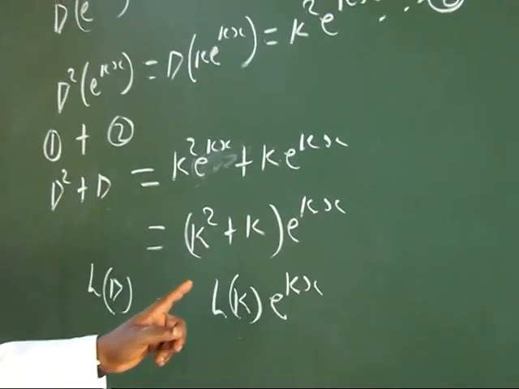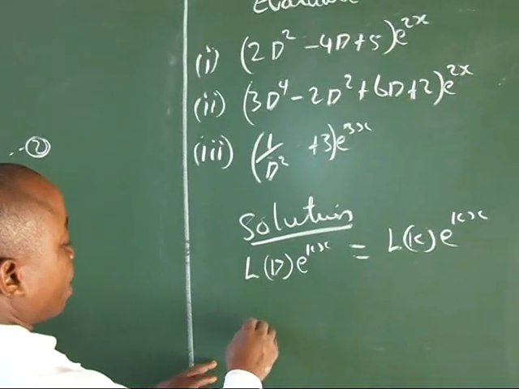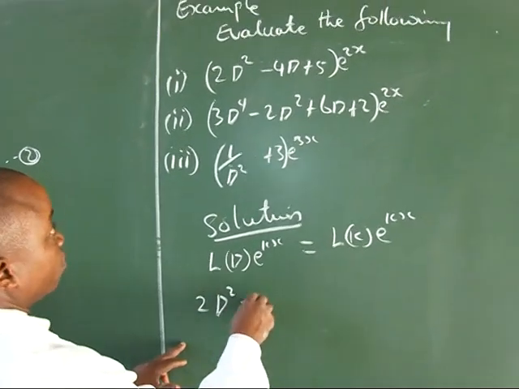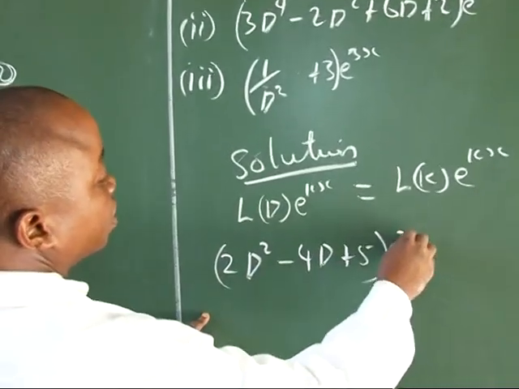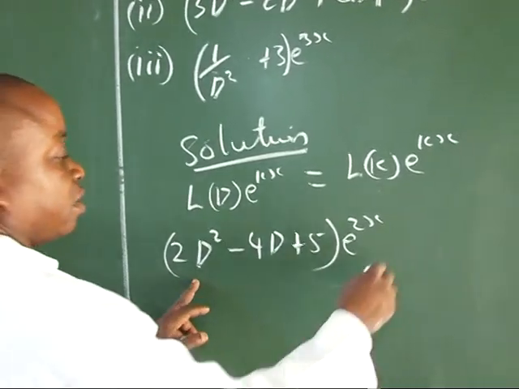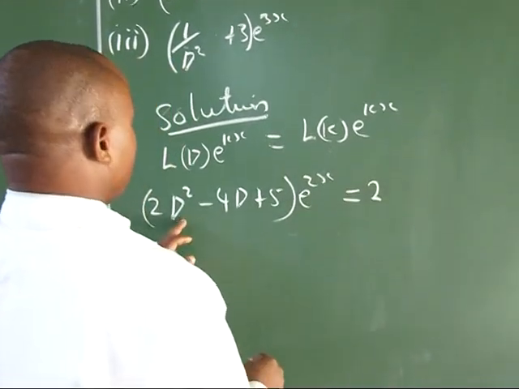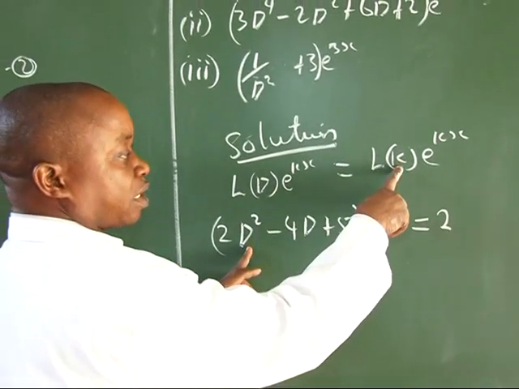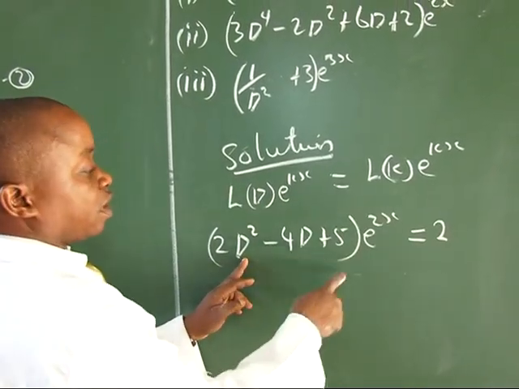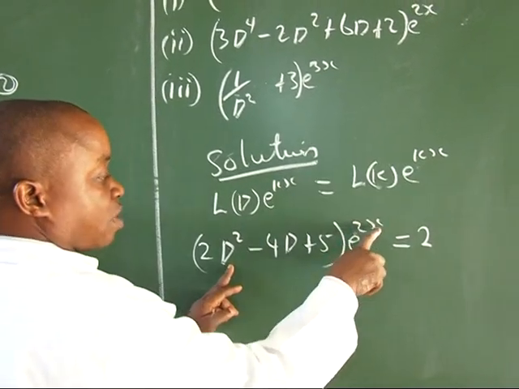So we'll use it. In this one, we have 2d squared minus 4d plus 5 exponential 2x, which will be the same as, you see, L(D) becomes L(k). So what is k in this context? 2, since we have exponential 2x.